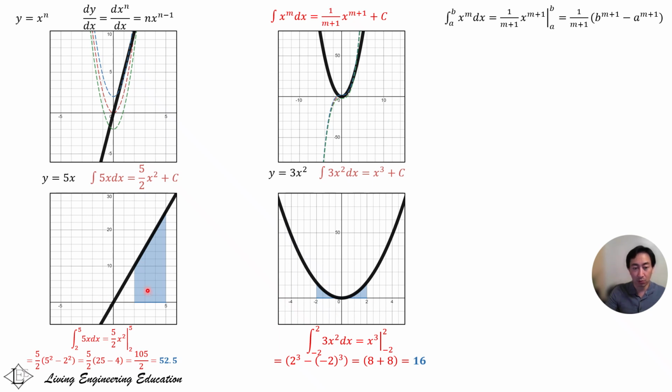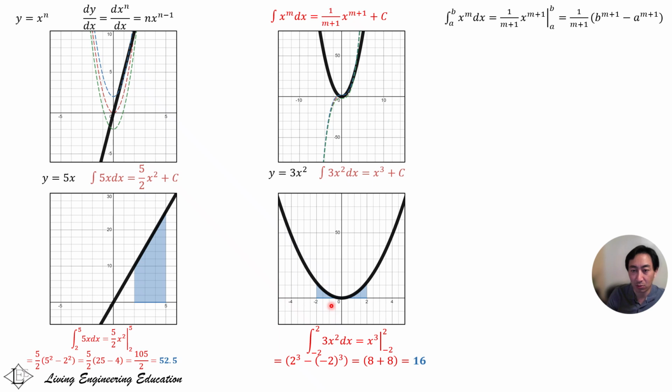So here, the section that we looked at was all in the y values above 0. So this whole section was a positive area. Similarly here, both on the negative x-axis side and the positive x-axis side, the function is above the x-axis. So the area under the curve in both sections is positive.